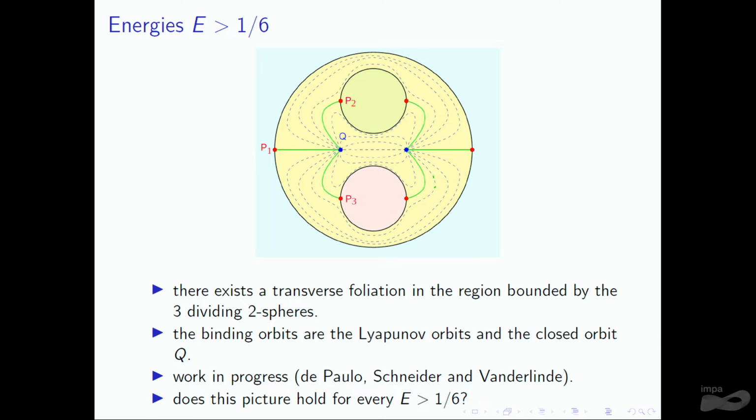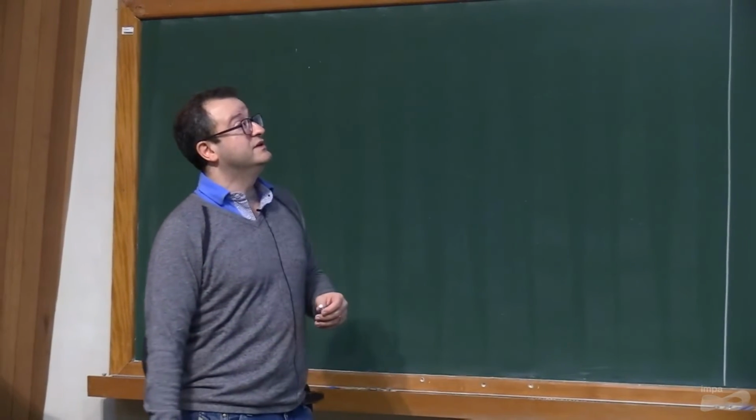So this is what's expected. Maybe this type of foliation could explain a lot of the dynamics observed in these levels.